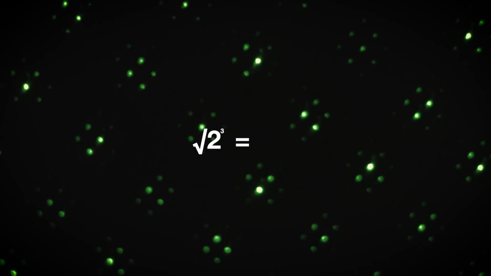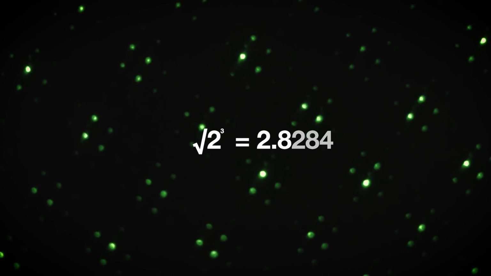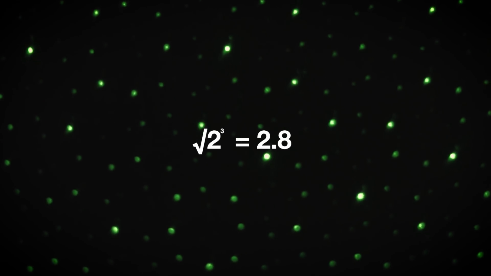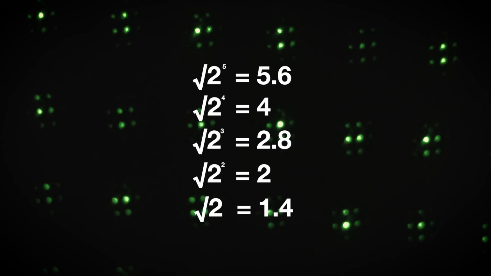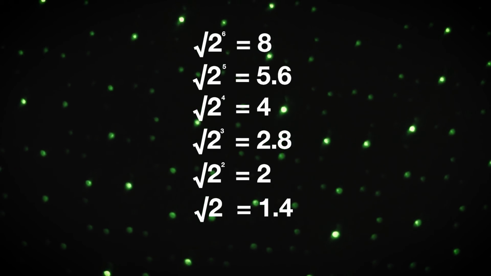Going one stop further, the pattern should totally click. What's the cube of root 2? It's 2.8, or f2.8. Every time you double down the light, you raise the power of root 2, and you'll get the entire sequence you'll see on your lens.